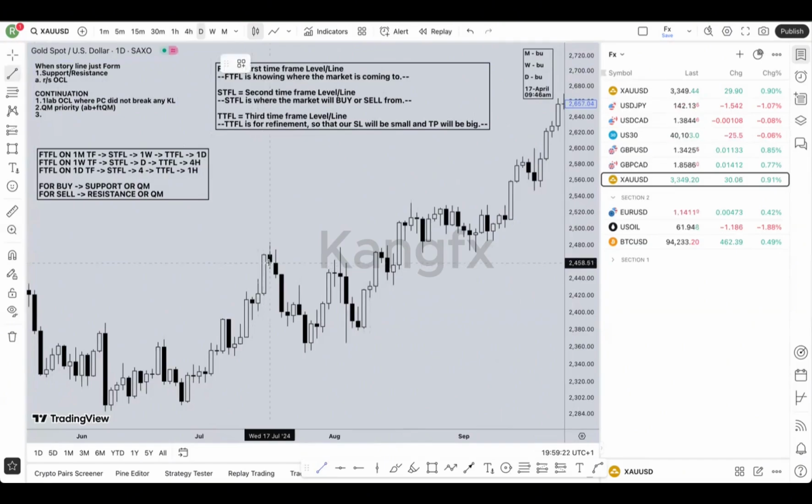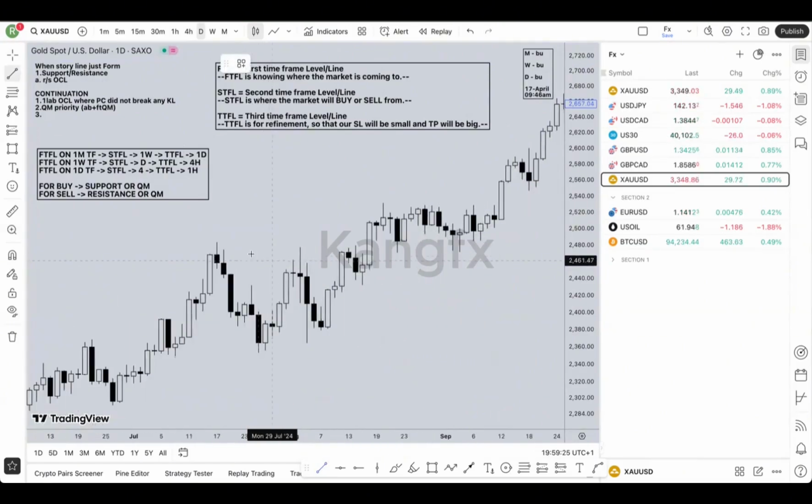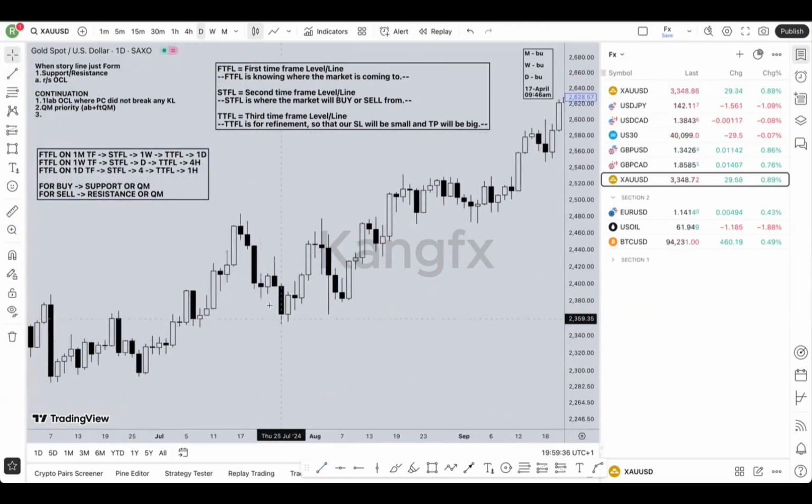If I mark this one, saying we have a storyline that is set, then we mark here. Okay, I'm not going to use that as an example. There was no storyline that was set there. Okay, using this one as a case study, we have this because there was a sweep, rejection, and this is daily.